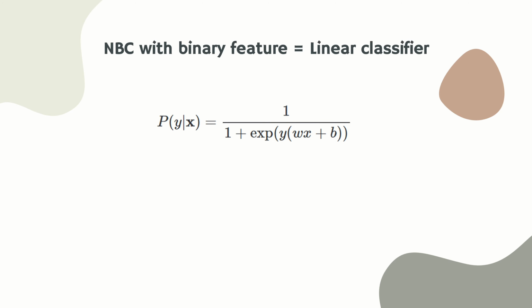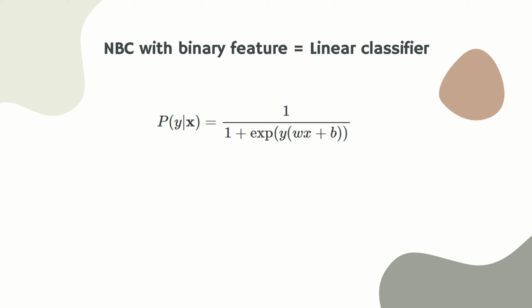In the end, I want to share with you a very interesting fact: naive Bayes classifier with binary features is just a linear classifier. The actual formula can be rewritten like this with a lot of transformation. You might notice that this expression is really similar to the logistic regression expression.